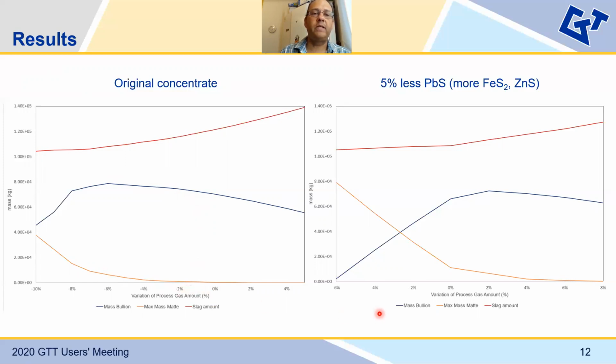We should now substitute the original concentrate by concentrate which is purer in lead sulfide. It seems that the curves are being shifted to the right. And we would like to understand what is happening here in this situation.